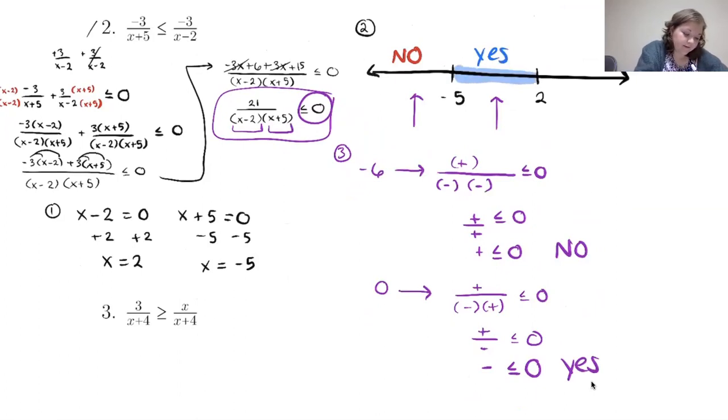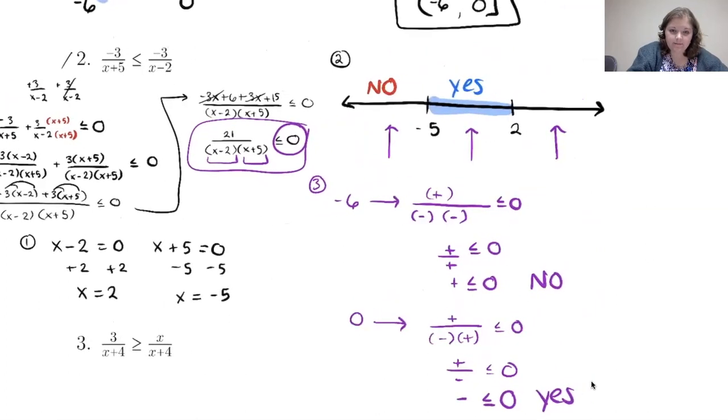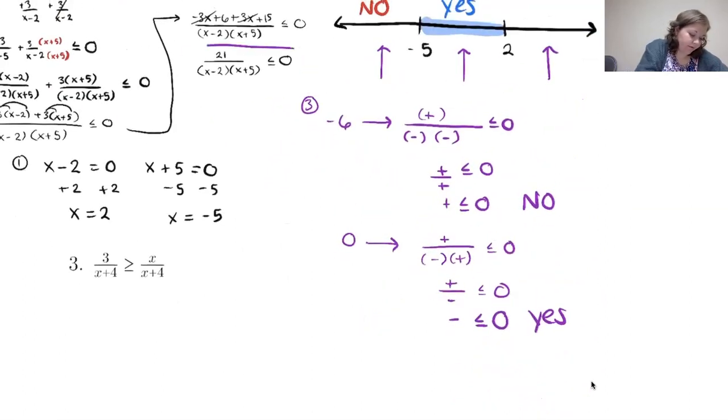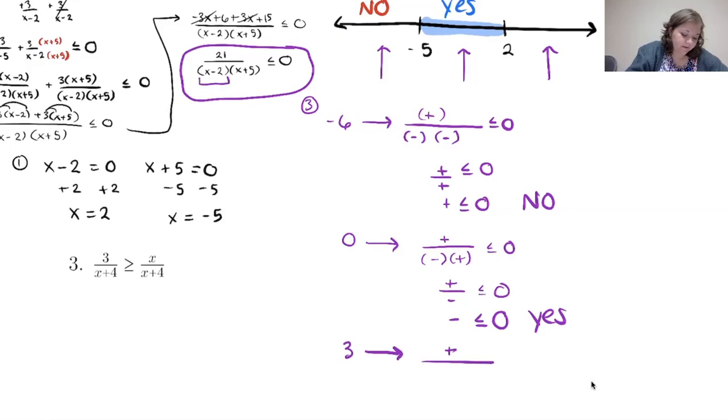Okay? So we will plug in a number from our last interval, which is something greater than 2. So if we pick a number greater than 2, I'm going to pick 3 and plug that in. So the top is 21, which is positive. The bottom is 3 minus 2, which is positive.